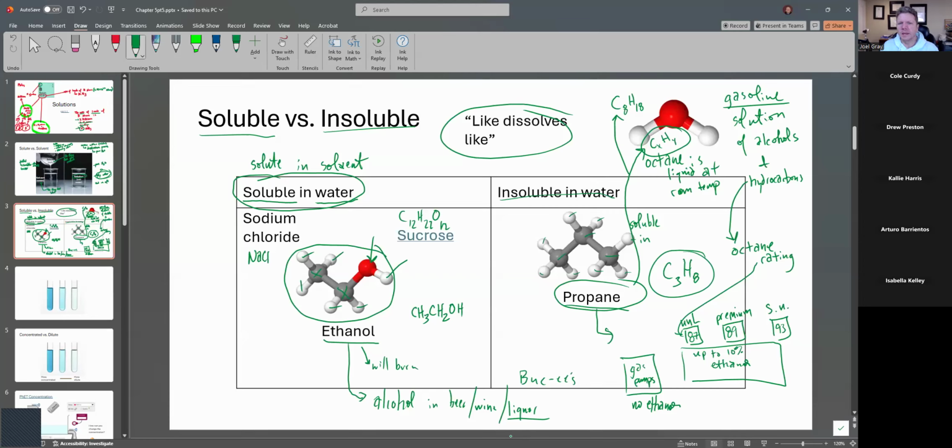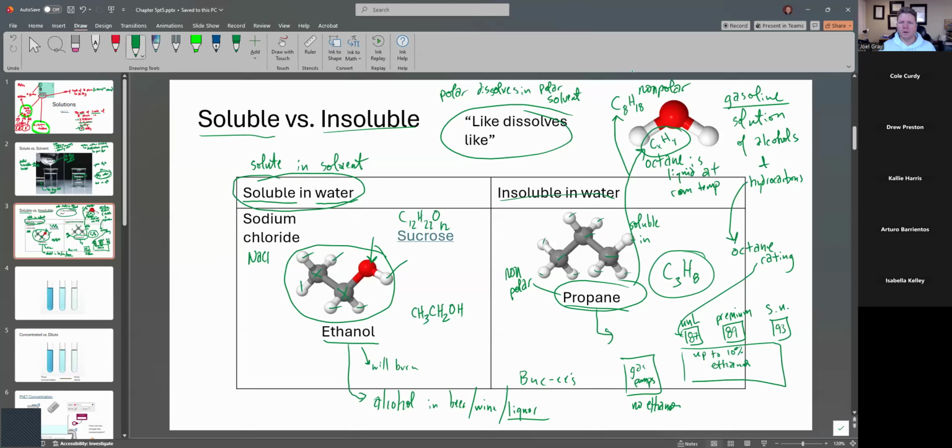But another way of putting that is a polar substance dissolves in a polar solvent. So a nonpolar solute, like propane, will dissolve in a nonpolar solvent like octane.